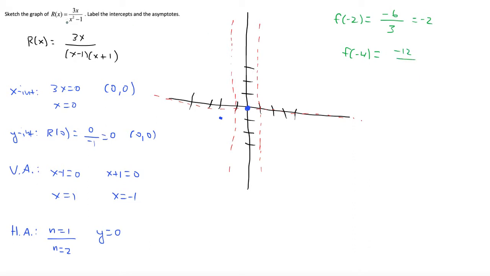Negative 4 squared is 16. 16 minus 1 is 15. So we get about negative 4/5. So when x is negative 4, the y value is negative 4/5. So hopefully that makes it more clear. We're going to follow the horizontal asymptote that way and go down the vertical asymptote, okay?